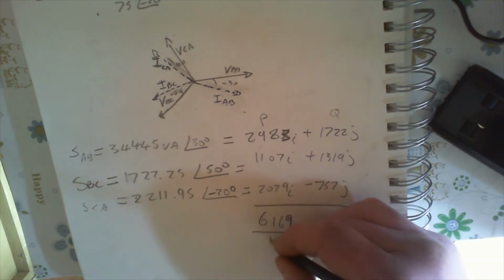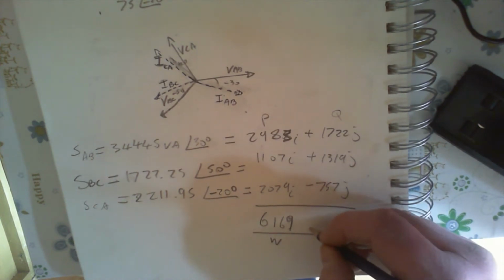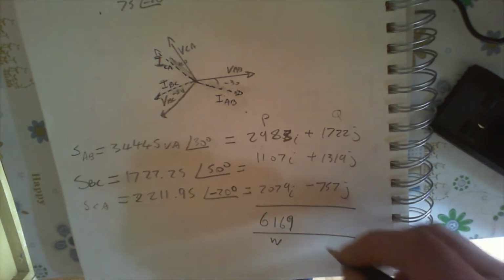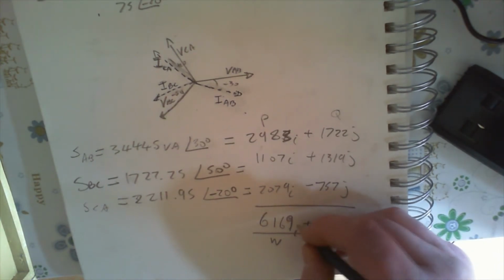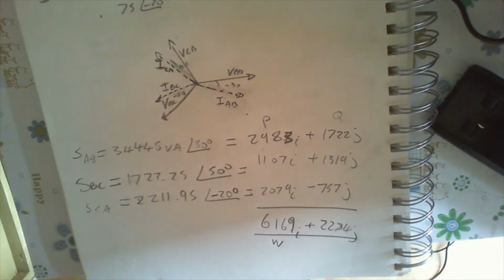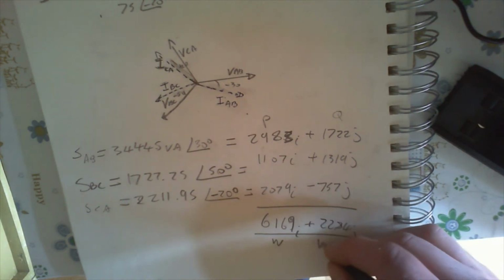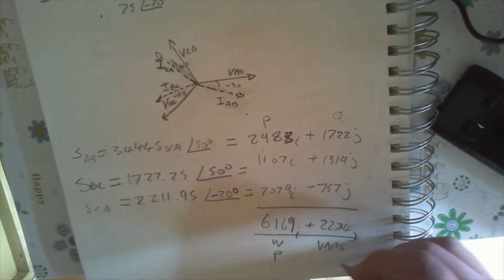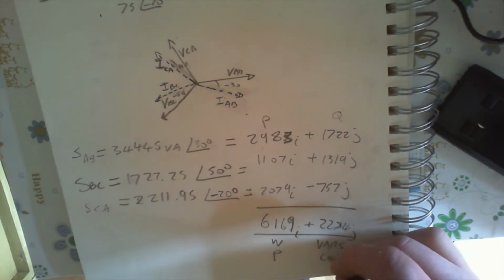Oops, that's watts, and it's going to be 1722 plus 1319 minus 757. That's going to be plus 2284 J. That is VARs. That's power, real power, and that's Q.